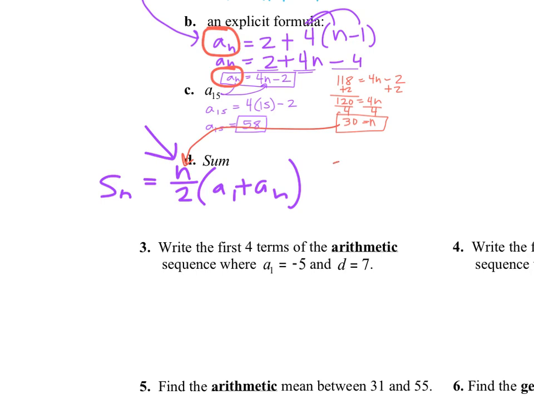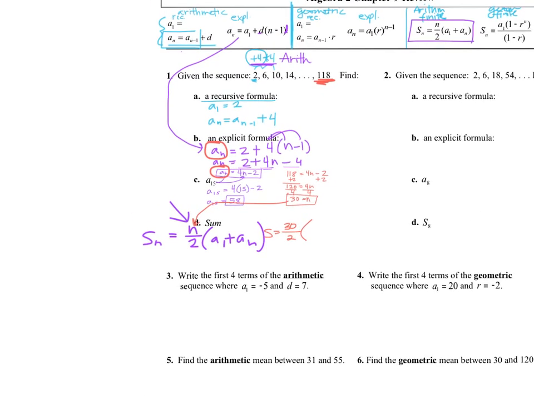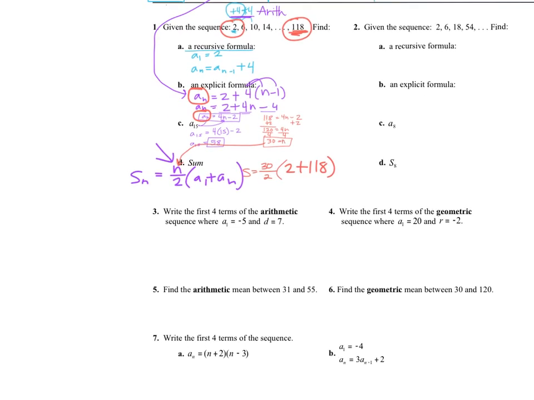So it's going to be 30 divided by 2. Our sum is 30 divided by 2 times a sub 1 plus a sub n. First term, last term. So 2 plus 118. And you would plug that into your calculator, and you should get that the sum of those 30 terms is 1,800.